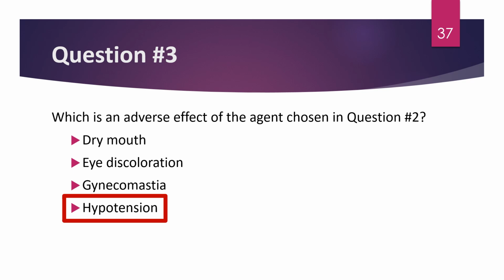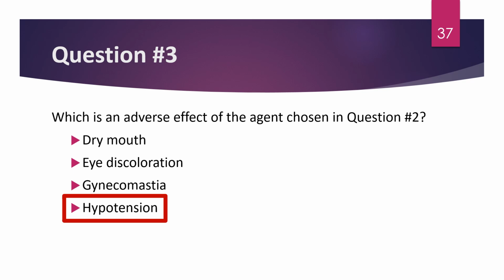Dry mouth we typically see with the anticholinergic agents. Eye discoloration actually was not an adverse effect of any of the agents, and gynecomastia actually can occur with our 5-alpha reductase inhibitors such as finasteride or dutasteride. So that is why those answers are not the best answer here.